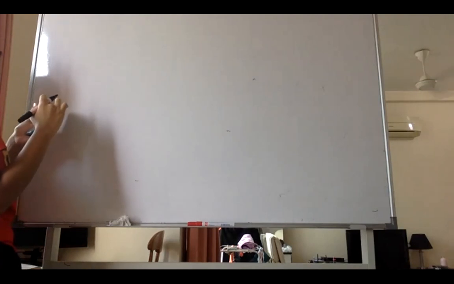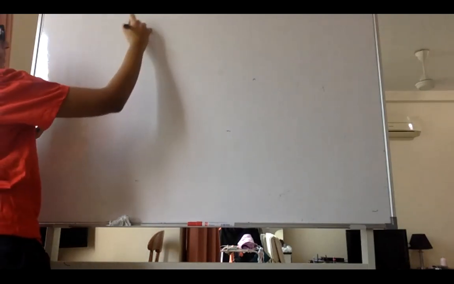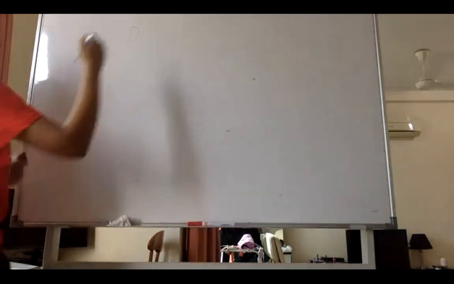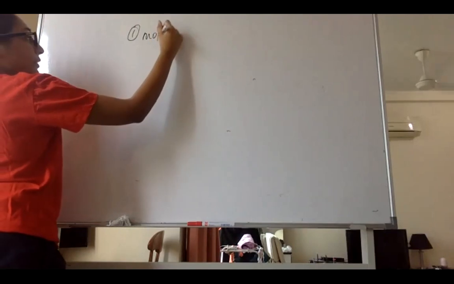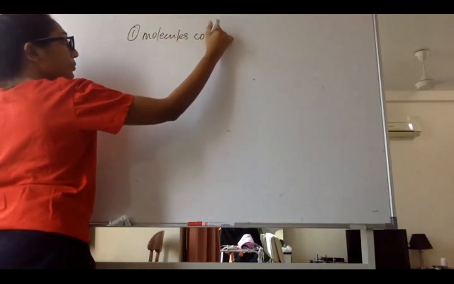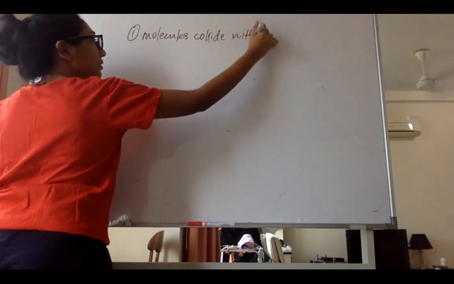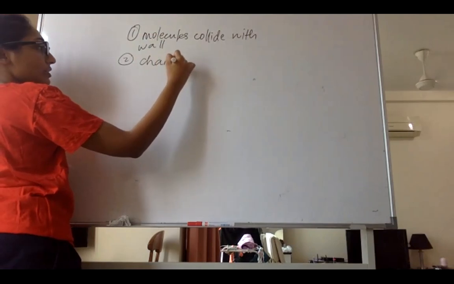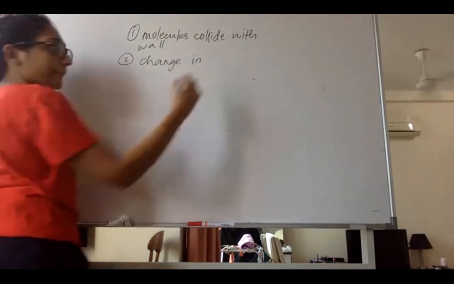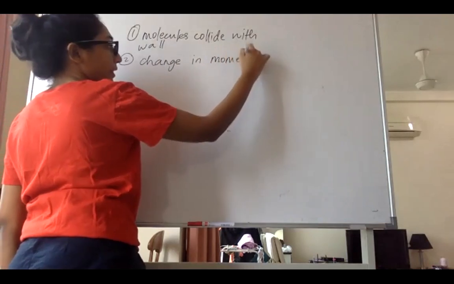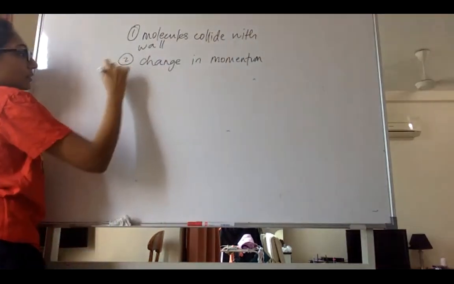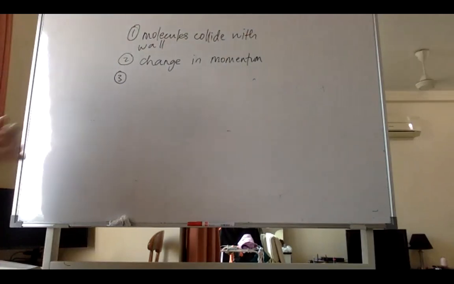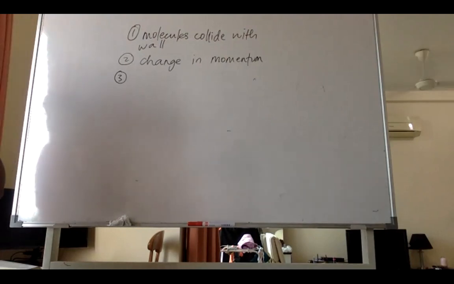The first one is molecules collide with the wall, and this causes the change in momentum. Now, when the molecules hit the wall, what happens?